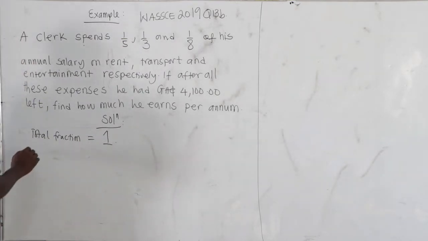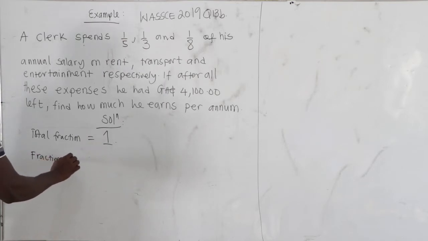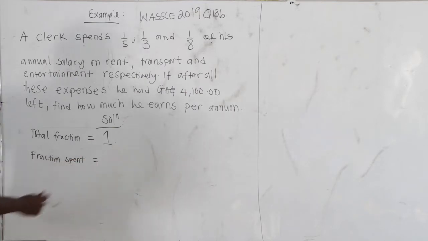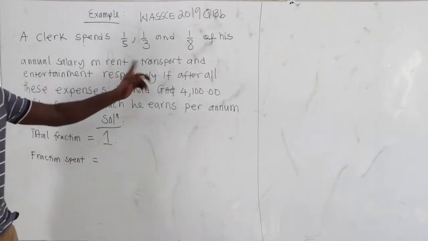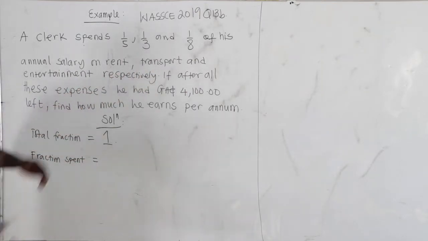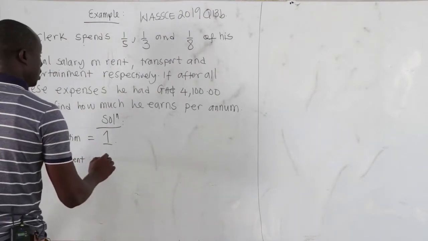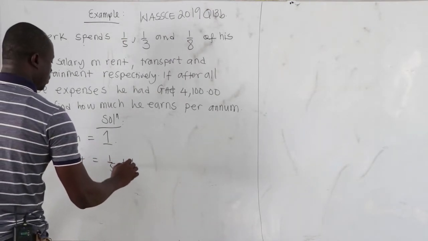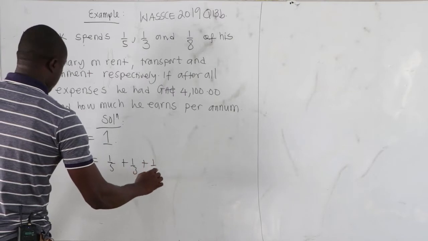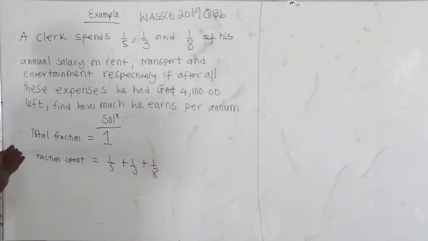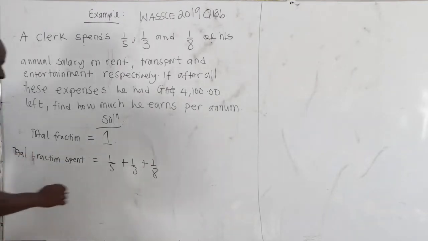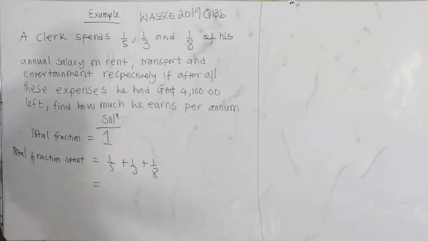Now, fraction spent, that is fraction spent on rent, transport, and entertainment, will be 1/5 plus 1/3 plus 1/8. Or probably let me coin it as total fraction spent.